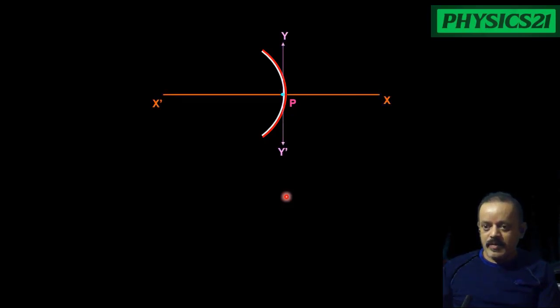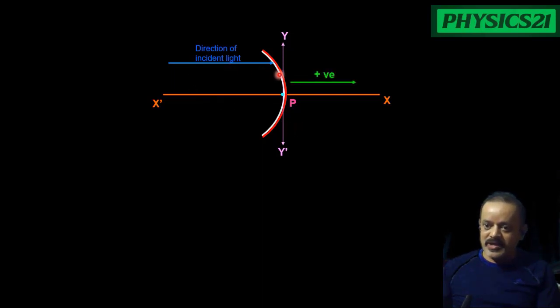Now, the sign convention in this diagram. This is the pole, considered as the origin. This is the positive direction of the x-axis and that is the negative direction of the x-axis. Above the principal axis is the positive direction of the y-axis, and below is the negative direction of the y-axis.